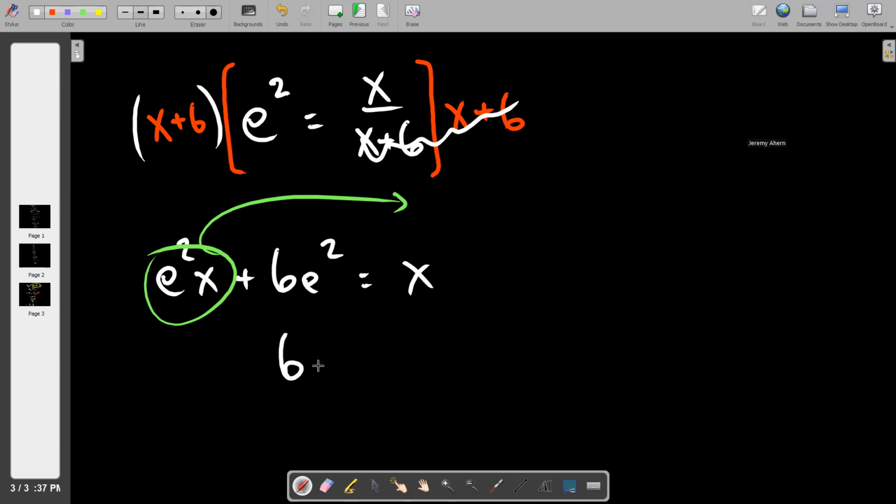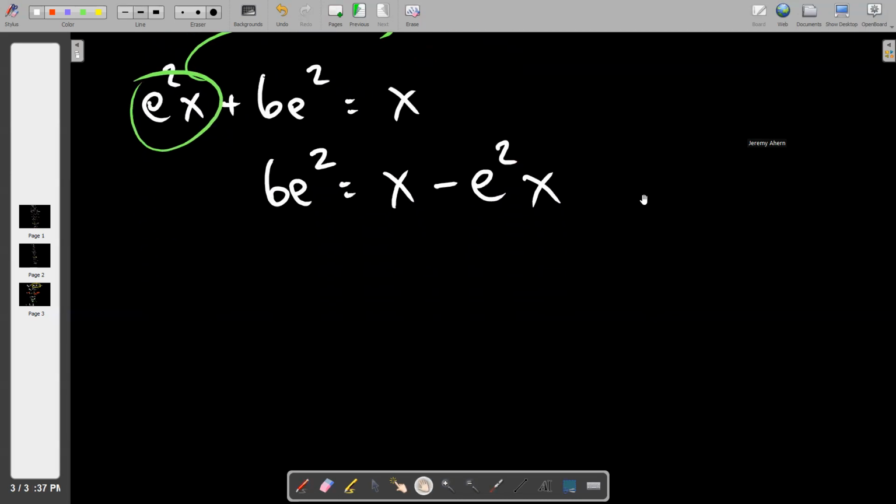So we're going to have 6e squared equals x minus e squared x. And the reason I'm doing this is because now that my x's are on the same side, like here and here, you would agree that x is a common factor of those two terms. You have to take x and essentially undistribute it.